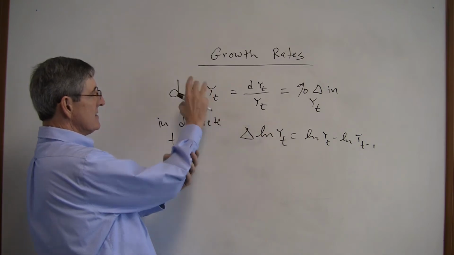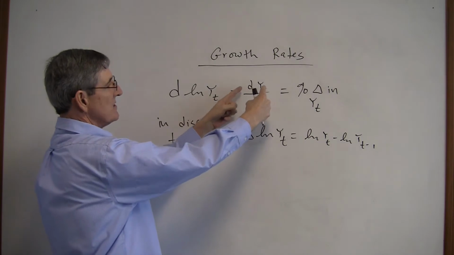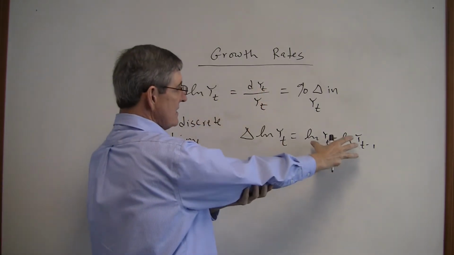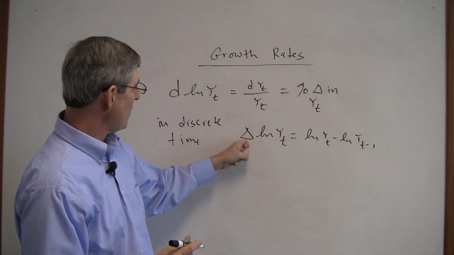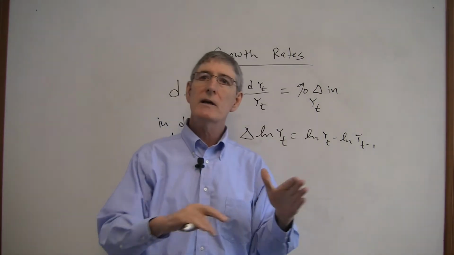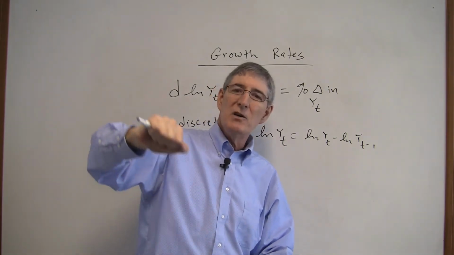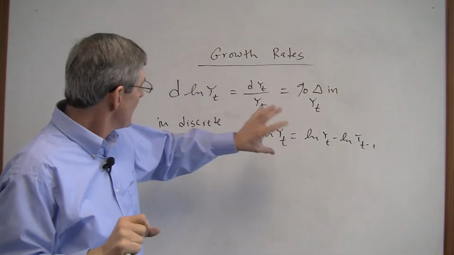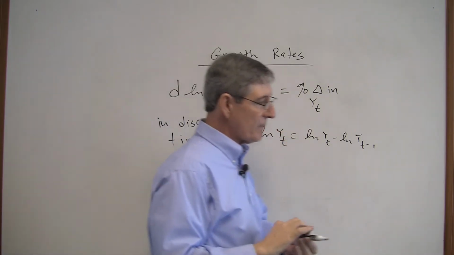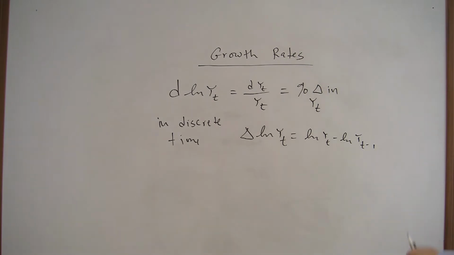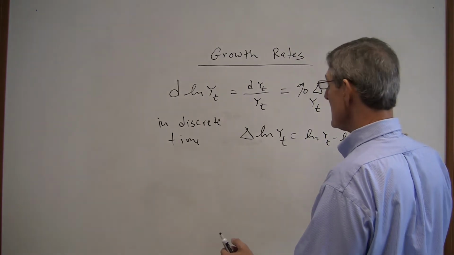As long as these changes in yt are small, because remember this is based upon a small change in yt, and they generally are in economics, then this is the right way to measure a growth rate. If you were looking at inflation, though, in a hyperinflationary environment, where the changes are huge period to period, this type of calculation of the growth rate would not work very well. But it's a really good approximation of growth rates, a really simple way to calculate them, and it's the way it's generally done in time series econometrics.